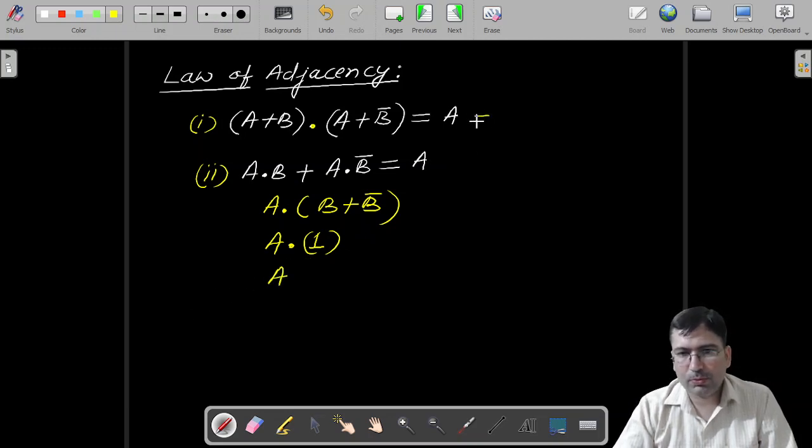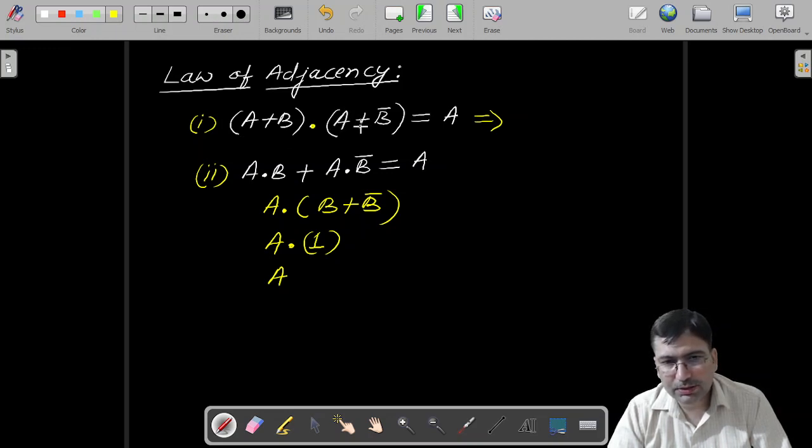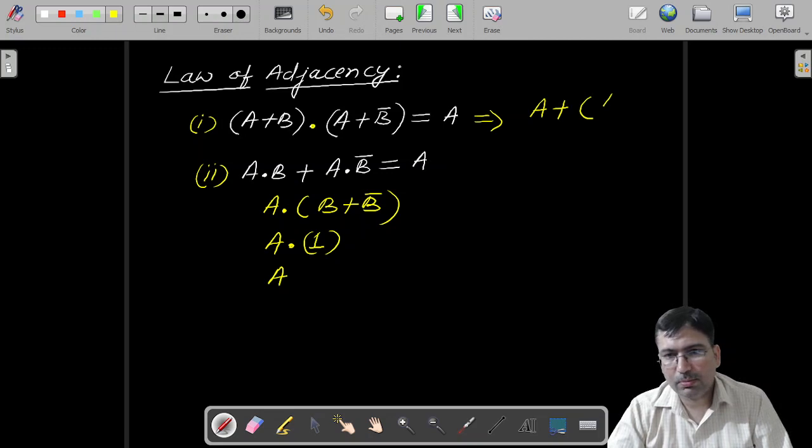But if you want to prove the first one, how can we prove it? This OR operator is distributive, so you can directly write A or (B dot B bar).